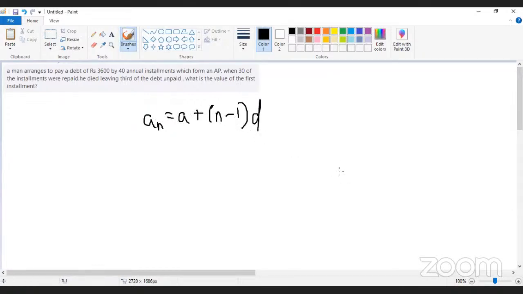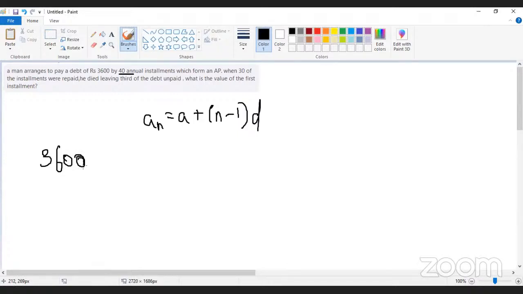So how much should he pay? 3,600. For how many years is he going to pay? He's going to pay in 40 annual installments. Clear with that? So the total amount will be 3,600, so that means the sum of it is 3,600.